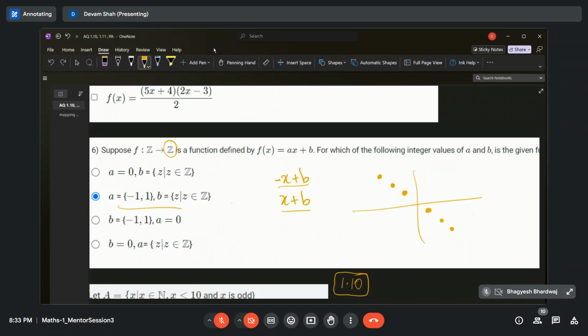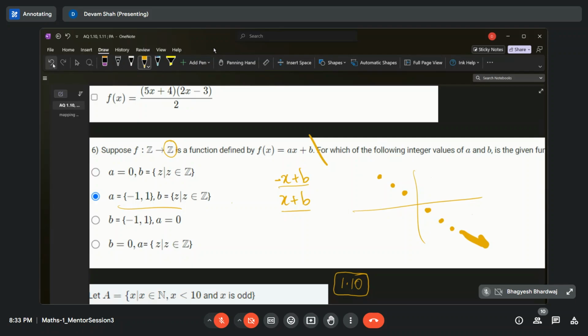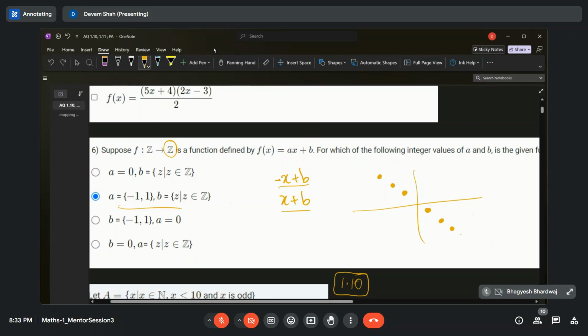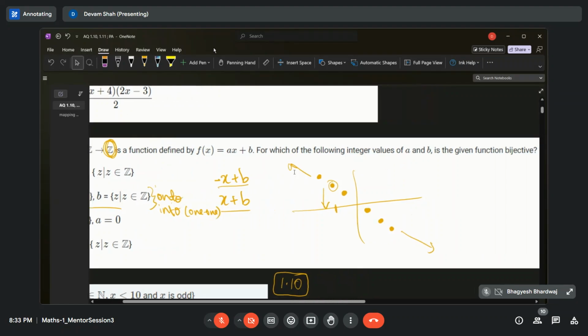So every integer is coming here, and this will go along till minus infinity and plus infinity. So here all integers are getting mapped to one output at least. That's why this is onto. And similarly, you can see every input has exactly one output, so it's one-one also. Hence, this is bijective. Here they ask for bijective.